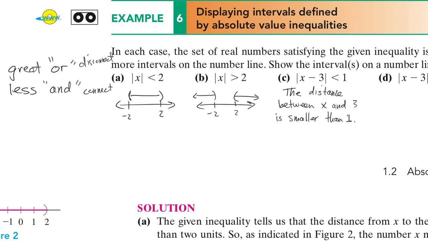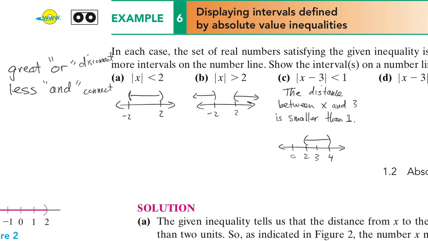And so that means that as we have 0 and 3 is here, the distance between that number and 3 is smaller than 1. So we're talking about 2 over here and 4 over here, and parentheses, right? Because we're not including those values, but that's the boundary. And this is that space in between. That distance has to be smaller than 1.